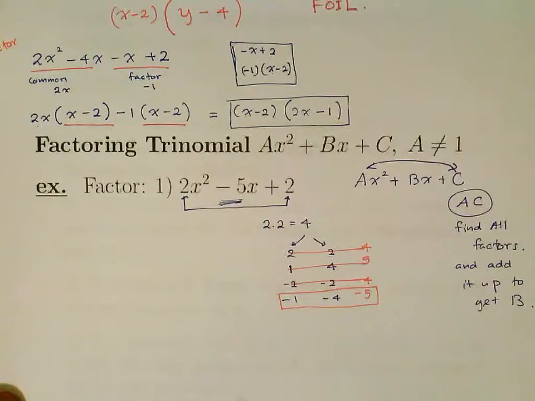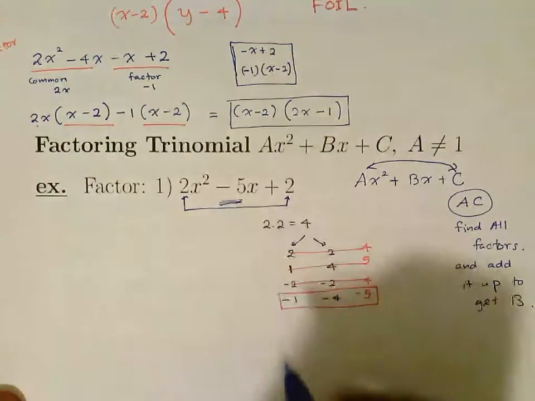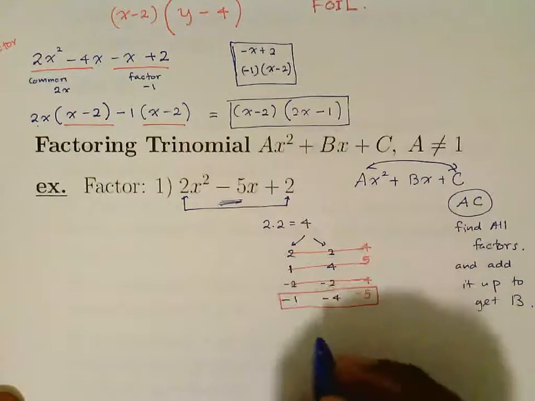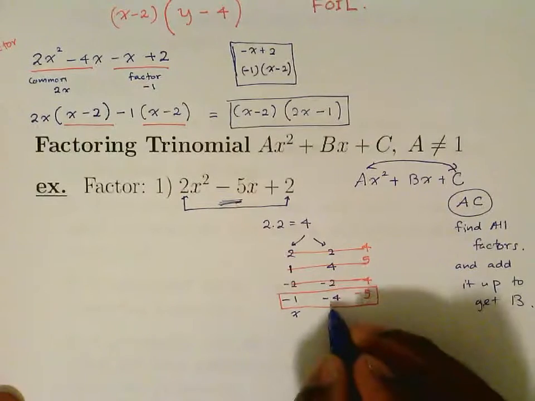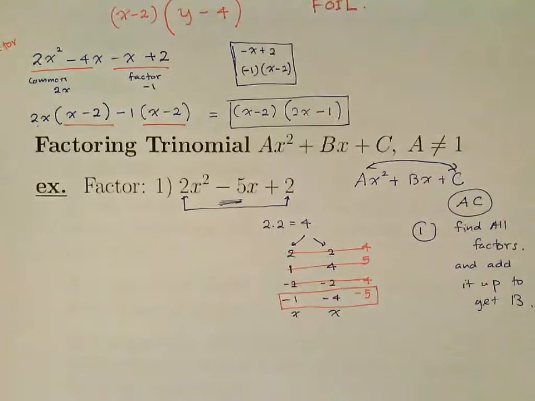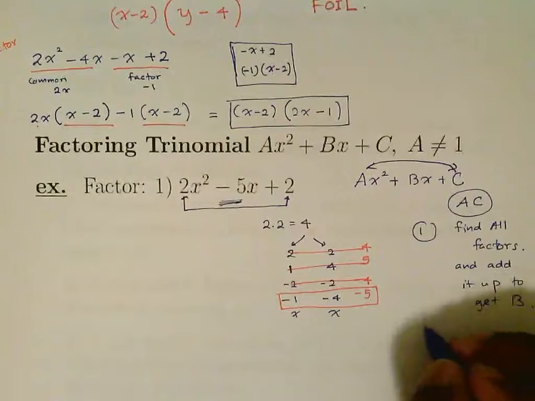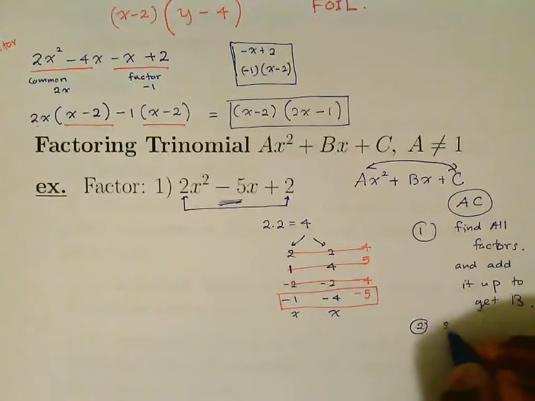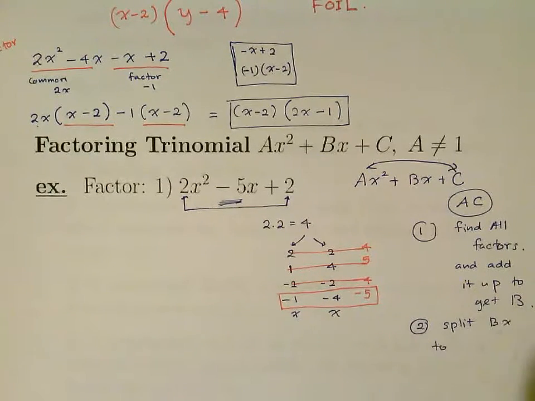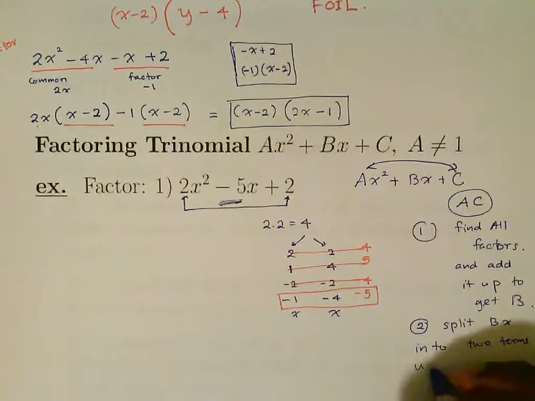So you will now break this -5x into -x and -4x. That is a really important step. So find all factors and add them up to get b, to split the middle term into two terms using step 1.